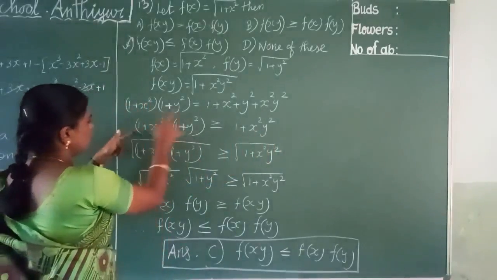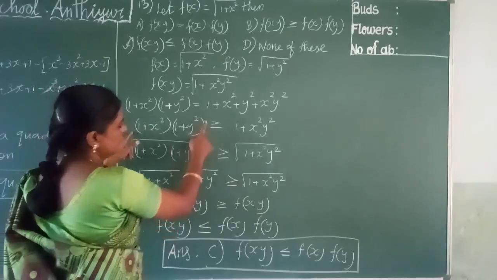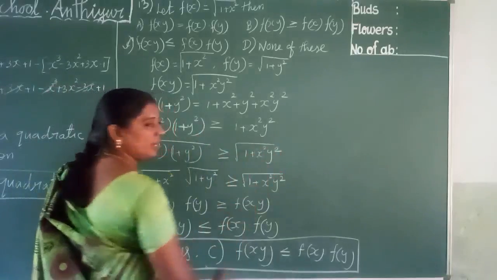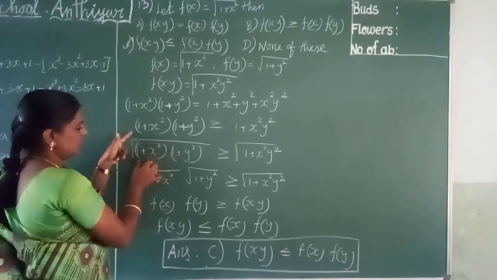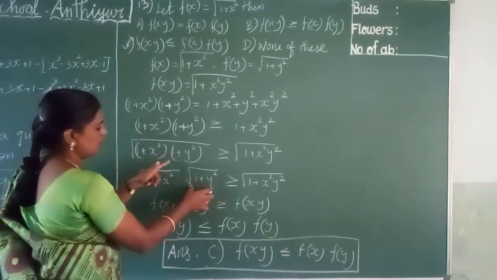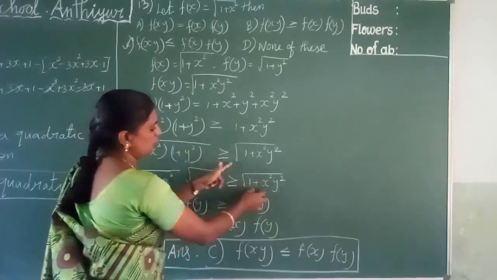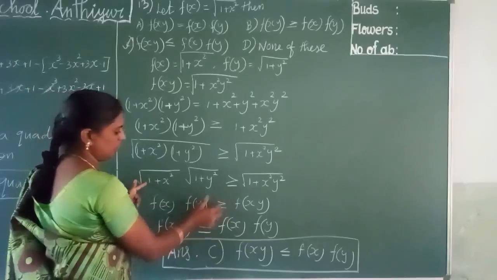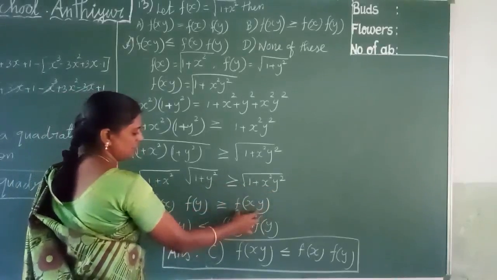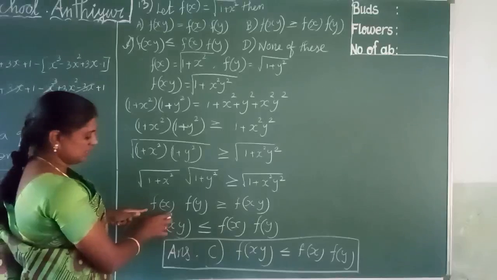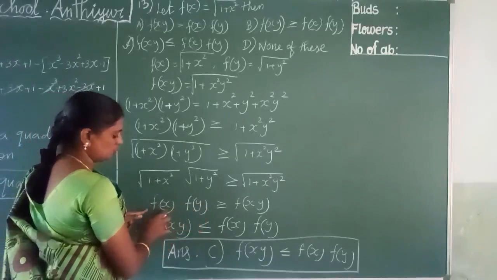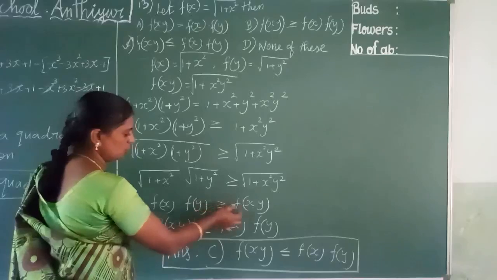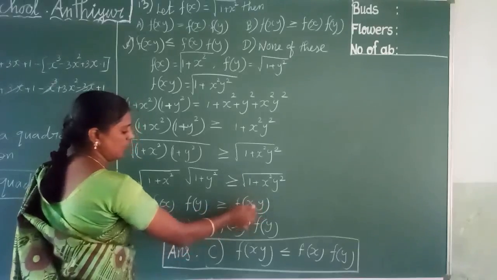So if we take the root, root of 1 plus x square into 1 plus y square is greater than or equal to root of 1 plus x square y square. So what you get? This one is f of x into f of y, greater than or equal to this value, f of xy. So f of x into f of y is the greater value, and f of xy is the smaller value.